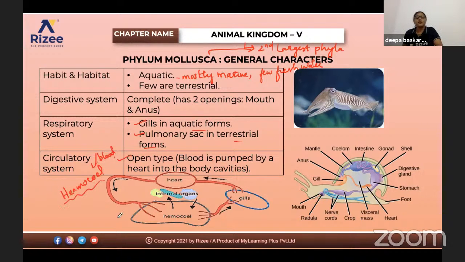The heart pumps the blood into the hemocoel, and all the nutrients are transported from this body cavity to the internal organs.